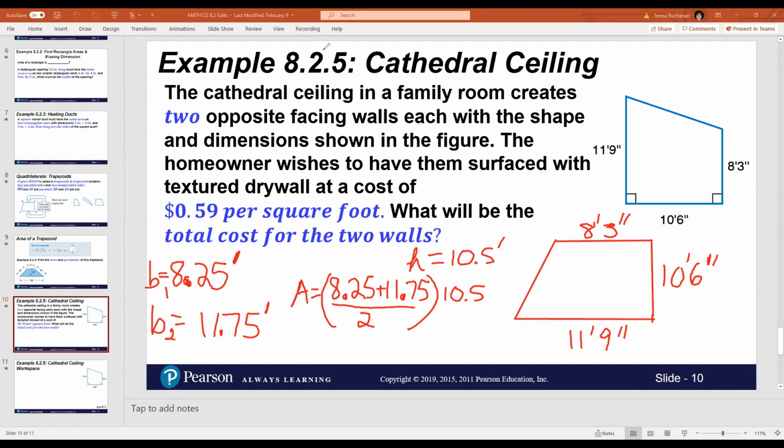We have 20 over 2, right? So this first piece is 10 times the 10.5. We work in the parentheses there. 8.25 plus 11.75 makes 20. 20 divided by 2 is 10. So 10 times that 10.5 just means move the decimal over 1. I have 105 square feet in one wall.